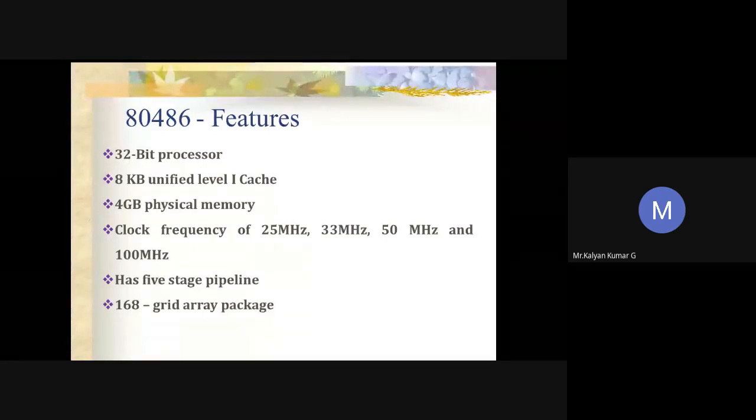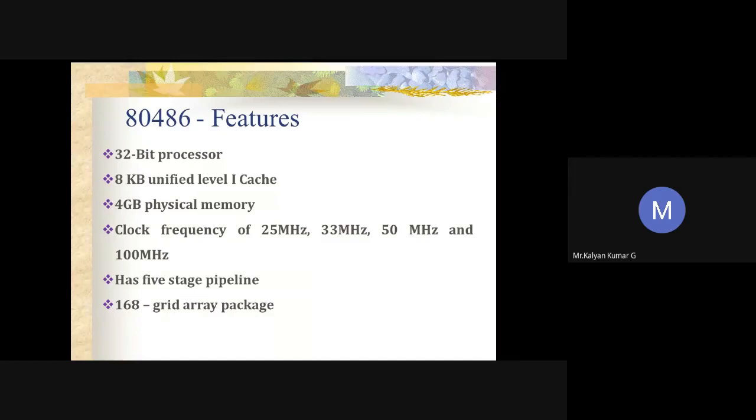Then the clock frequency. Here I have mentioned the clock frequencies. The 80486 is available in different versions: 25 megahertz, 33 megahertz, 50 megahertz, and 100 megahertz. These versions are available in the market. Obviously, when you see these speeds, it's understood that the execution time of instructions is significantly reduced.